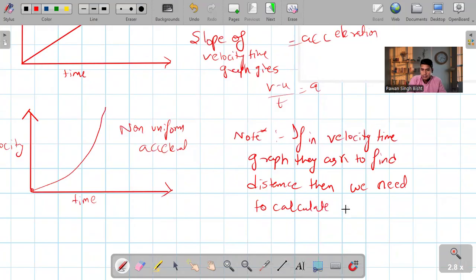This is very important, because in almost every question you will see that they are asking you to find the distance covered in a graph in a particular time. Then you have to find the area under the curve. Okay, so these are the basics of this topic.